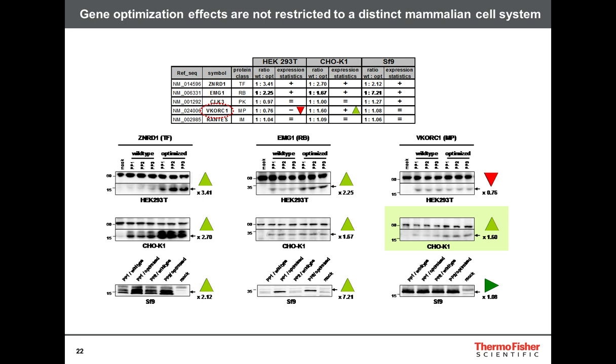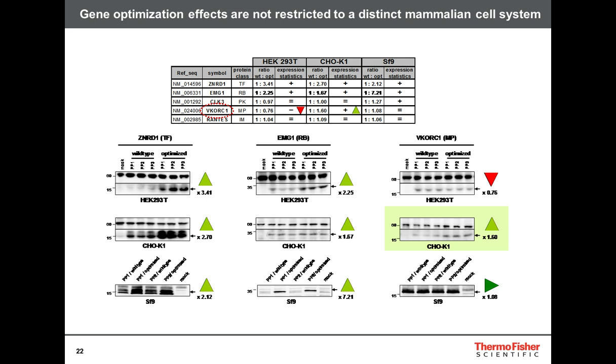So all these tests were made in 293 cells, and we wanted to see whether we get similar results in Chinese hamster cells and in SF9 insect cells. And basically, you see with the green arrows that the results were very comparable.